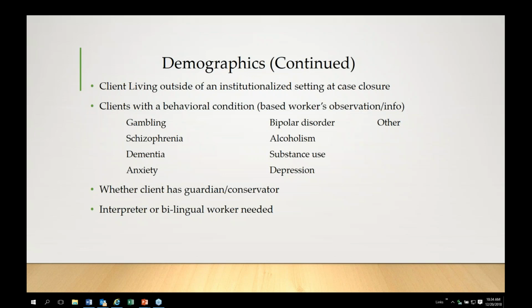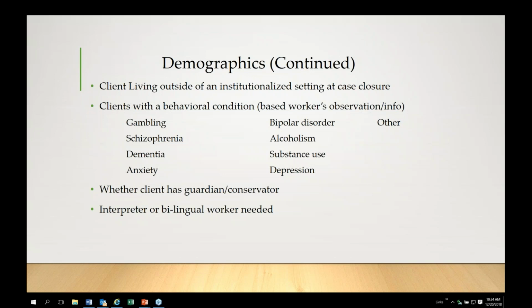The next category we're going to be collecting is clients with a behavioral condition. Again, this is based on your observation, the information you have been given, and your best judgment. So you do not need a diagnosis. You need to either have heard information about the client or seen for yourself that the client appears to have schizophrenia or a dementia.